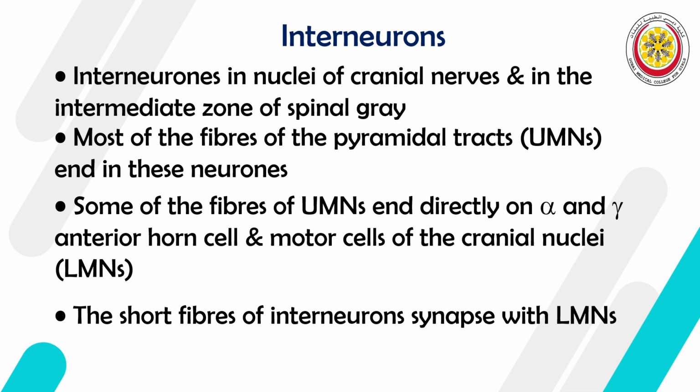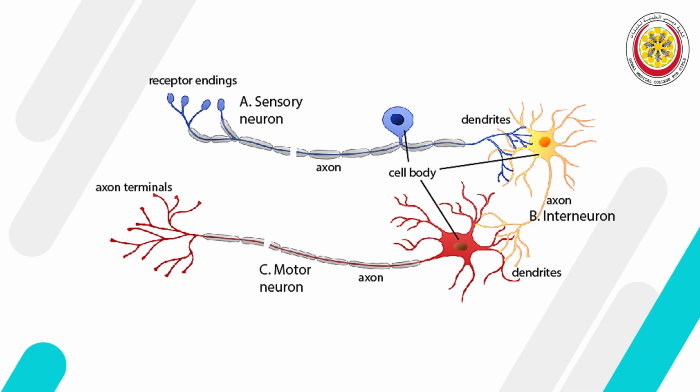Most of the fibers end in these interneurons, but some end directly in the neurons in the nuclei and the anterior horn. These short fibers of the interneurons then synapse with lower motor neurons.